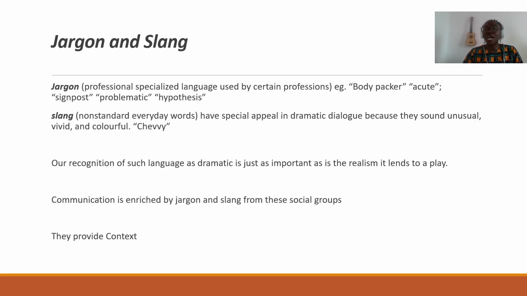Also, the use of acute. Acute is a medical jargon that signals a sudden development in a certain situation, in an illness or something. And then in academic jargon, or within the academic space, we have our own jargon.